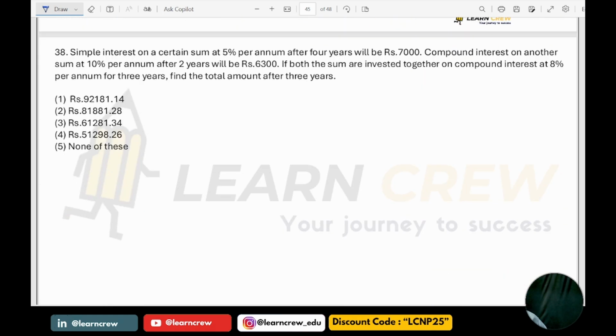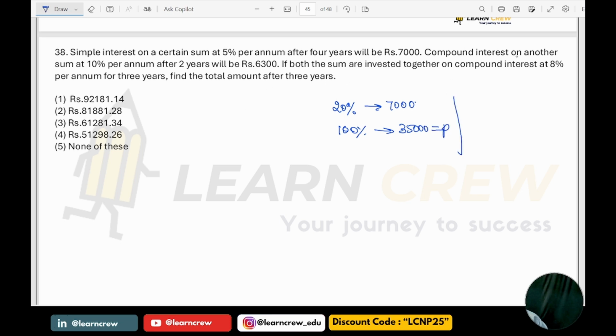Next, simple interest on a certain sum at 5% per annum after 4 years would be 7,000. So you can say 4 years at 5%, that is 20% interest is given as 7,000. Therefore, the 100% principal amount would be 35,000, which is the principal.